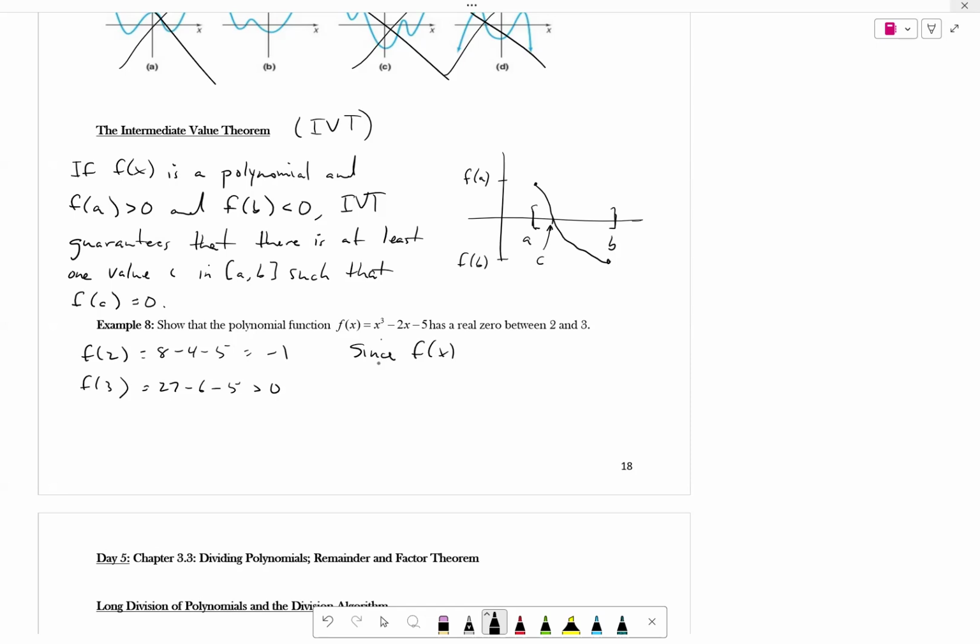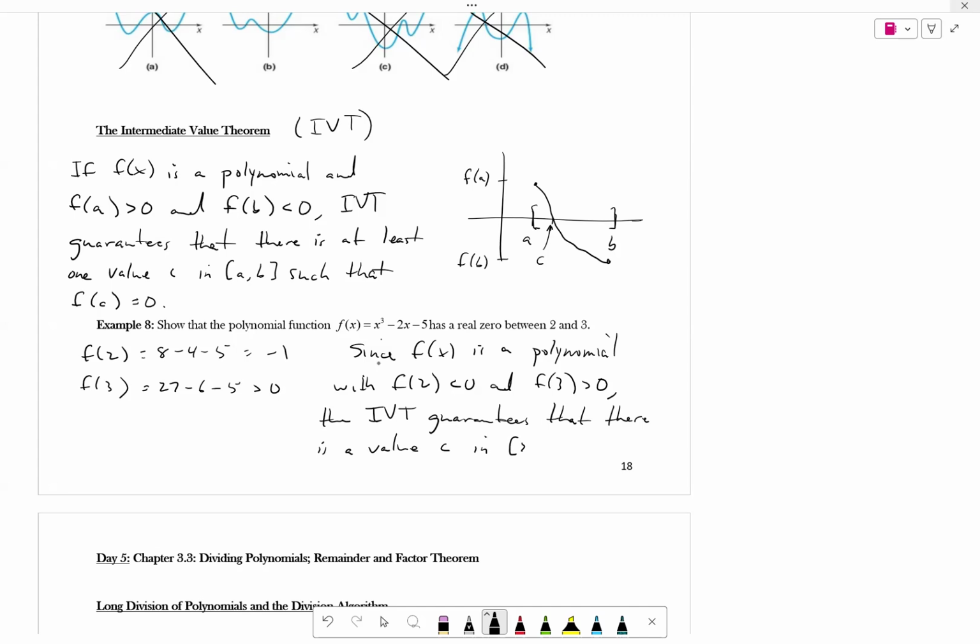Since f of x is a polynomial, I'll say in this case with, I felt like there were too many ands last time, with f of 2 less than 0 and f of 3 greater than 0, the IVT guarantees that there is a 0, or there's a value c in the interval 2 to 3 such that f of c equals 0. That sums it up.